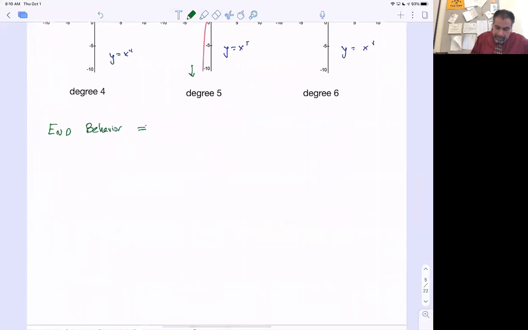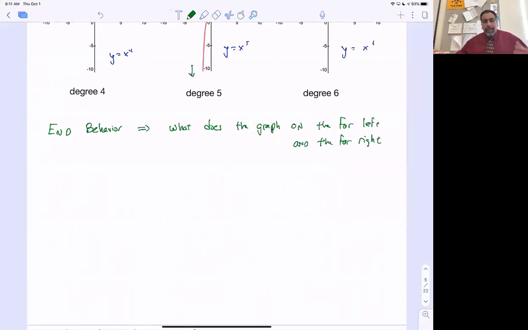End behavior is asking, what does the graph do on the far left and on the far right? It really has nothing to do with the interior of the graph, the middle.